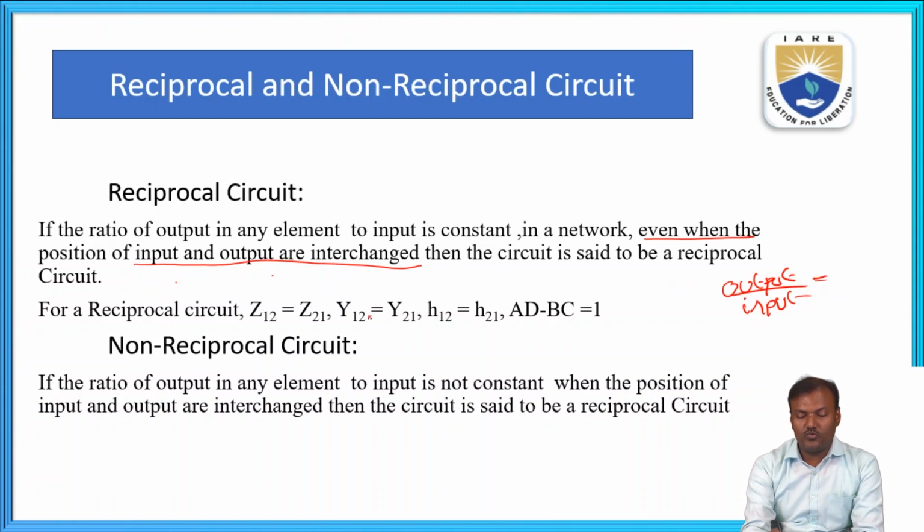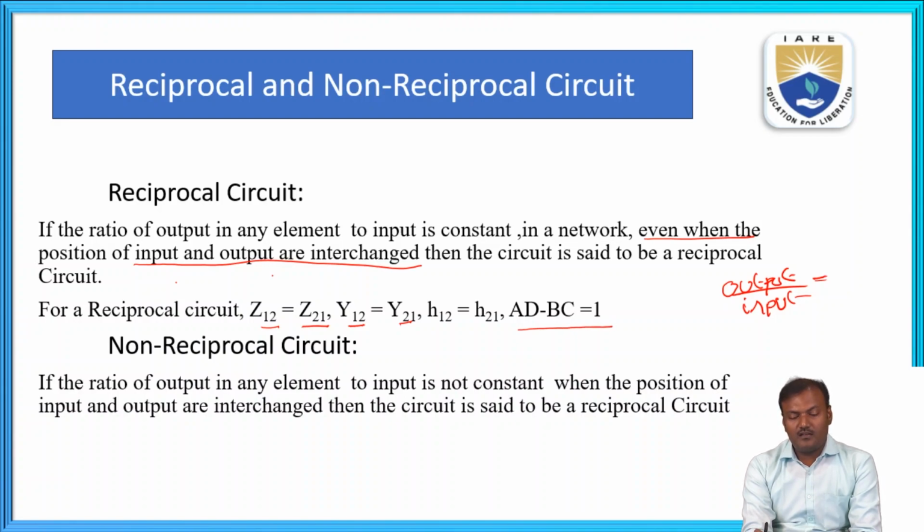In terms of two-port network parameters, it obeys these conditions: Z12 is equal to Z21. In terms of admittance parameters, Y12 is equal to Y21, and hybrid parameters H12 is equal to H21, and in transmission line parameters, it is AD minus BC is equal to 1.